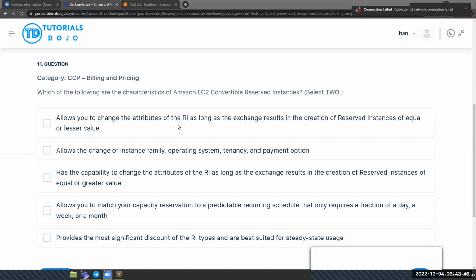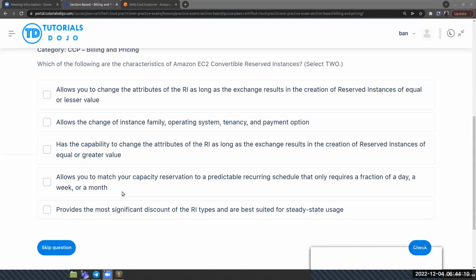Allows you to change the attributes of the RI as long as the exchange results in the creation of a reserved instance of equal or lesser value. Allows the change of instance family, operating system, tenancy, and payment option. Has the capability to change the attributes of the RI as long as the exchange results in the creation of a reserved instance of equal or greater value.